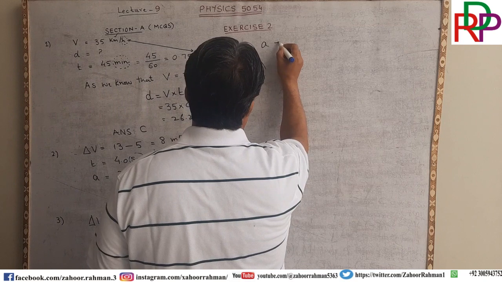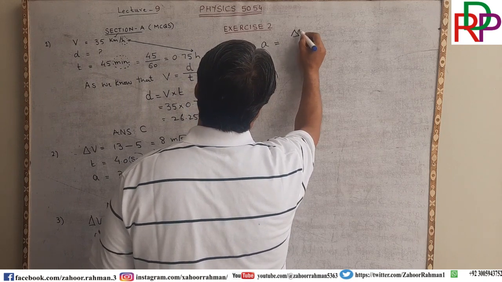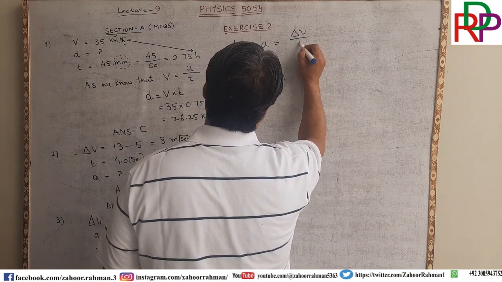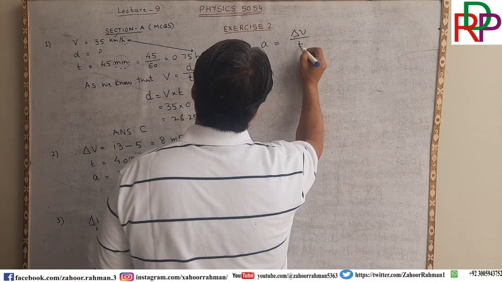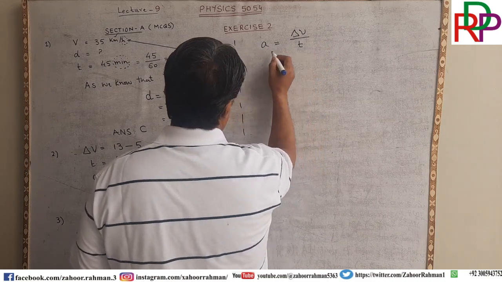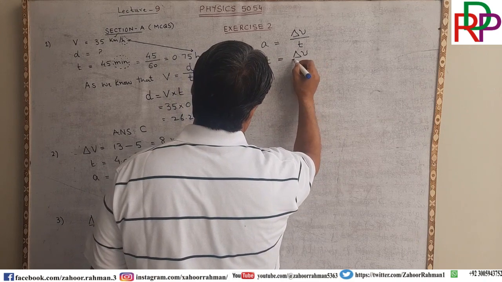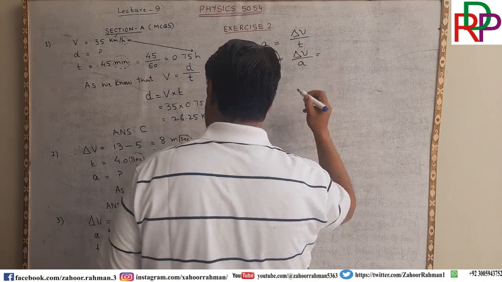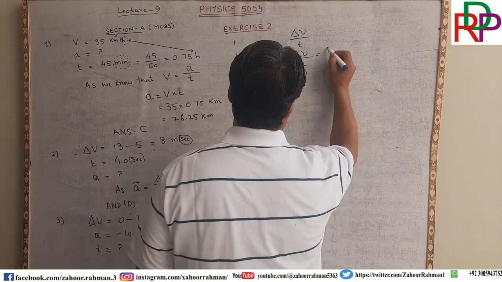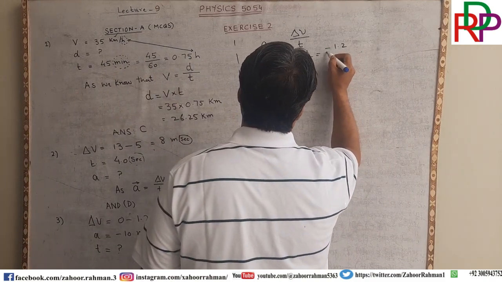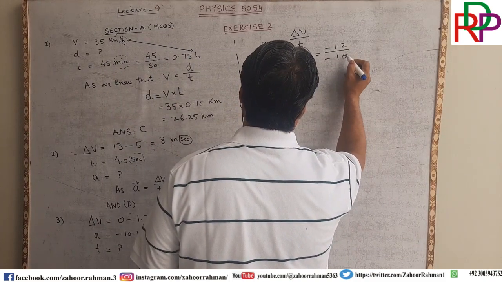As we know, acceleration is delta v divided by t. Because we are finding the time, t is equal to delta v divided by a. We have minus 1.2 divided by minus 10.